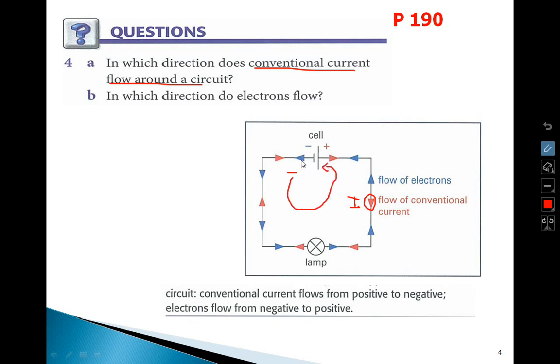This is for electrons. Current starts moving from positive to minus. So current I and electrons are always moving in opposite directions.